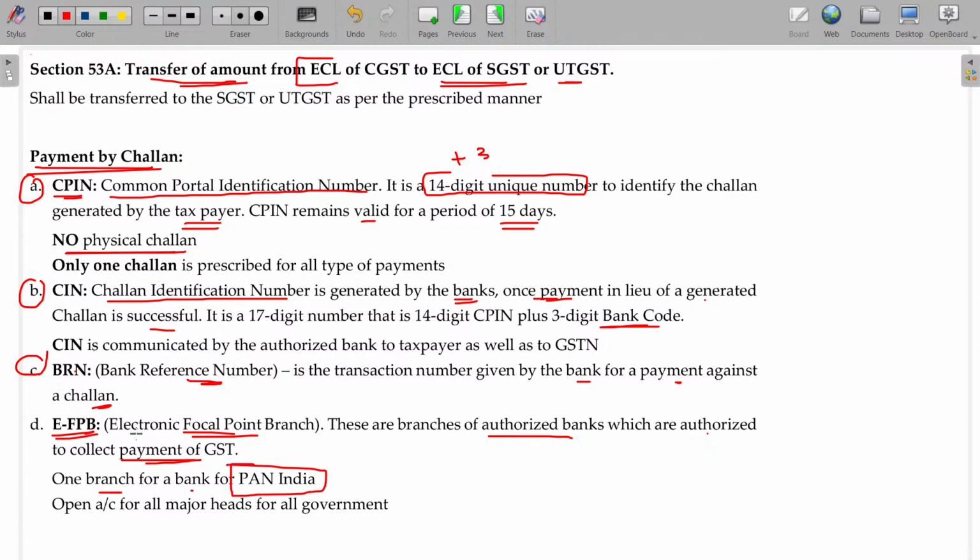They need to open accounts for all major heads for all the governments. So you have to open CGST for the central government and for all the state governments, like Tamil Nadu state GST and Andhra Pradesh state GST, all the states and union territories. So if you are SBI, you need to have accounts for all the states and union territories, and in CGST also. Clear? They are responsible for collecting and depositing the amount in the respective account.